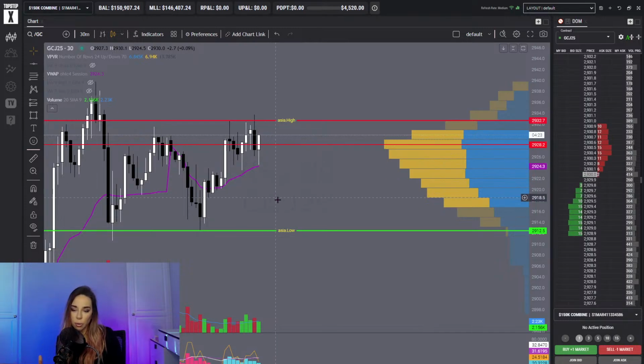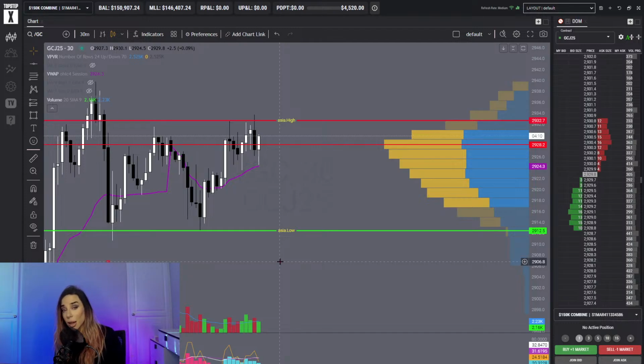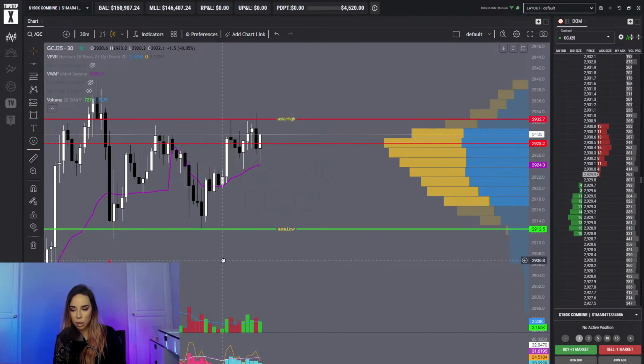However, if we fall all the way down to Asia low, and let's say we're sometime during COMEX, the initial balance is over, and then they kind of smash through it and then reverse. Now that time of day is more relevant for gold because you can get a reversal into the euro close.